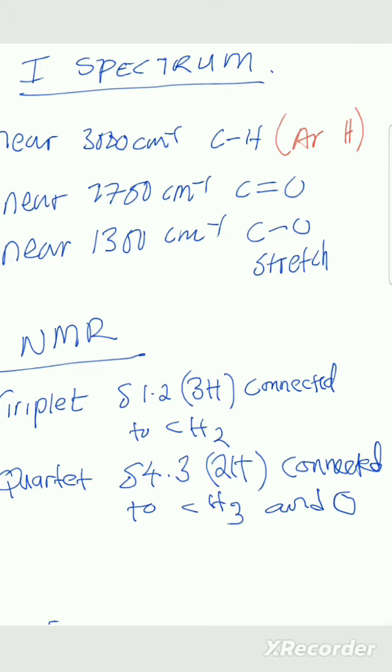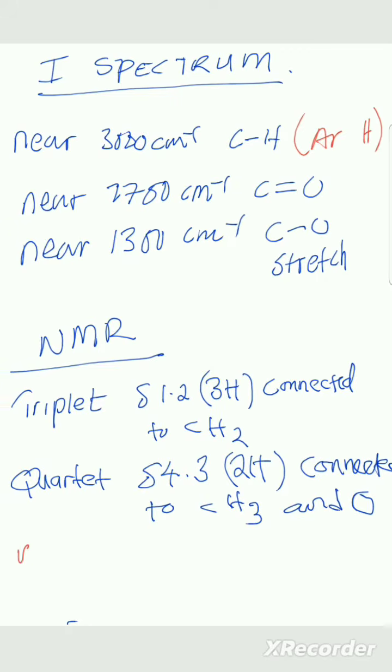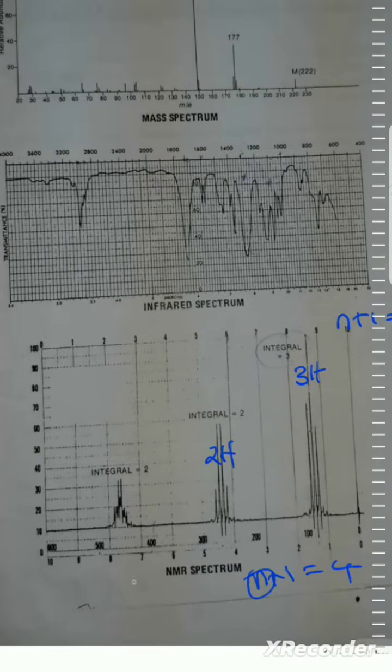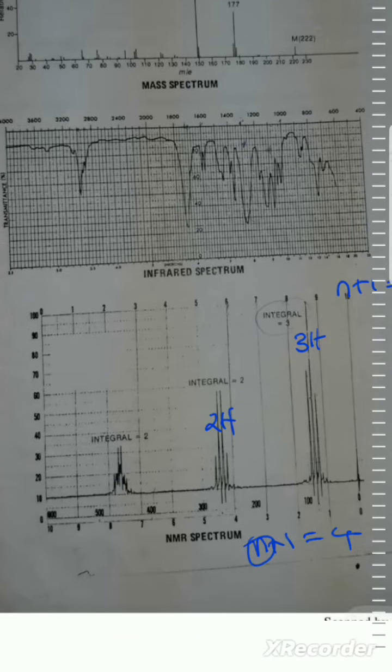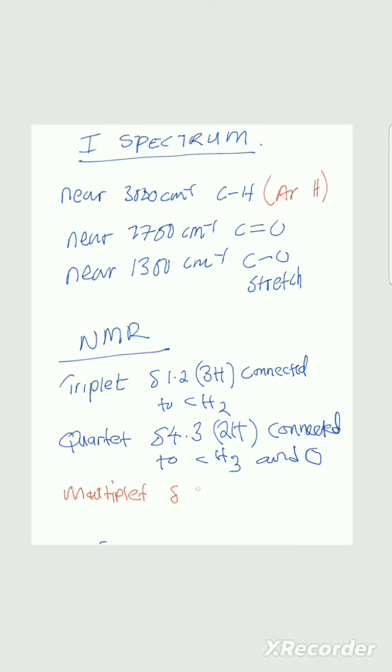Then here I'm going to write the multiplet, which when I check will be between 7 and 8, so it can be 7.7 somewhere or 7.5. So I'm going to write here 7.5, like that. Then what is this? A benzene.